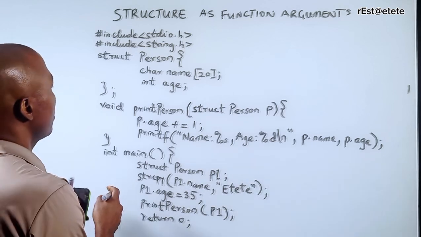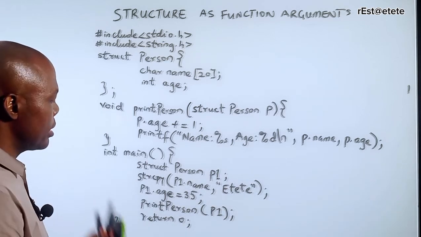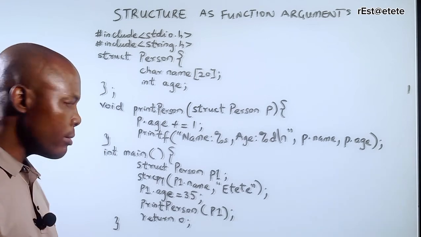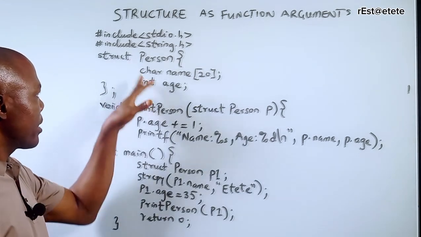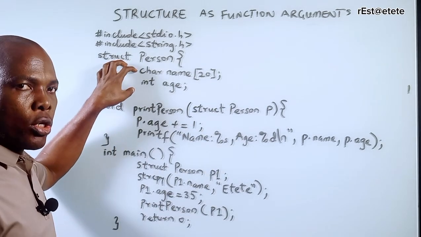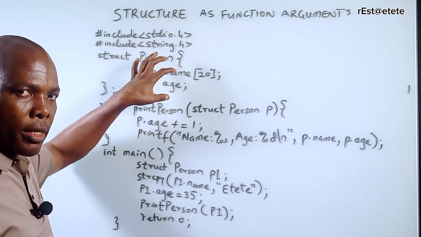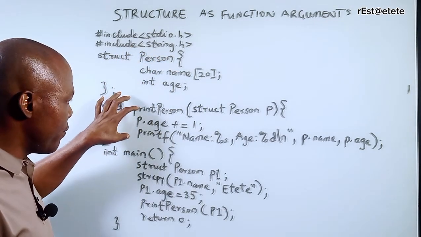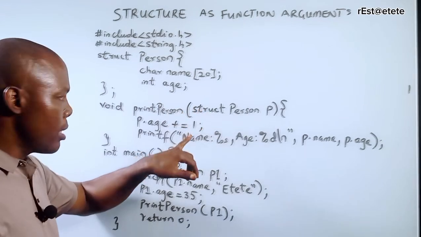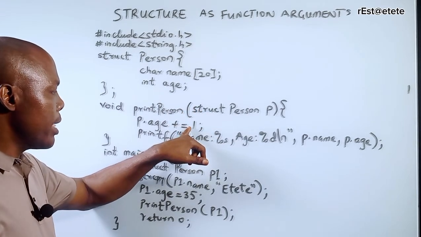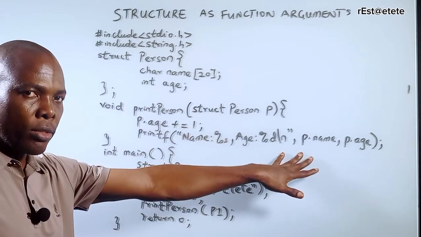All right, so this is my script. I created my structure, which is a blueprint, and then I created a function that will perform a task for me. It will increase the age, and then print this out on the screen.